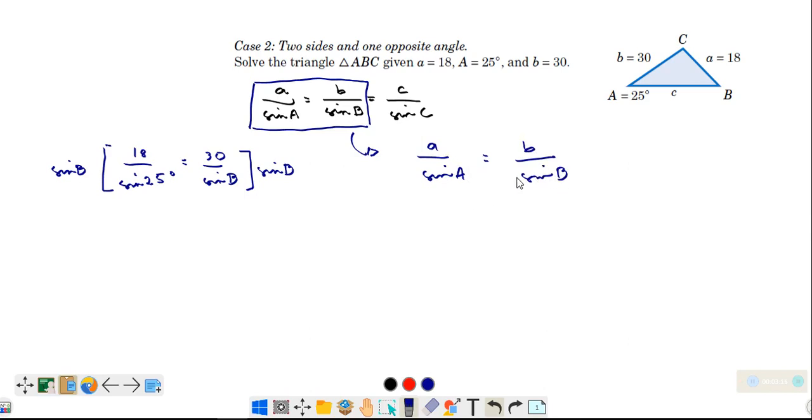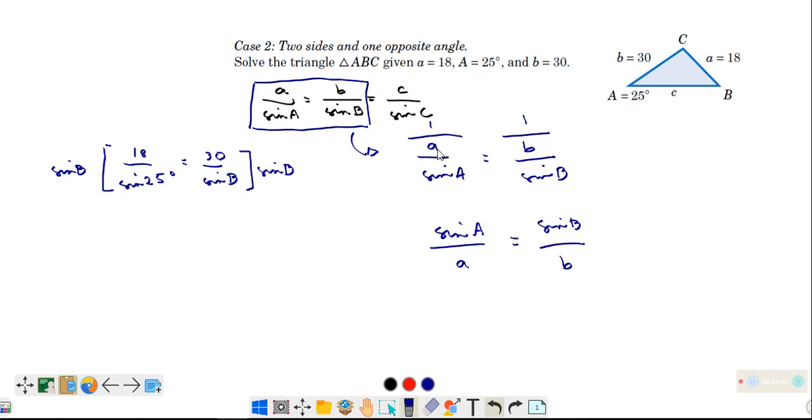So, since parehas yung ratio nila, if you will get the reciprocal of the first and the reciprocal of the second, parehas pa rin yung magiging value nila, di ba? So, if you transform your formula into sine A over A and sine B over B, hindi maapektuhan yung values ng mga unknown.